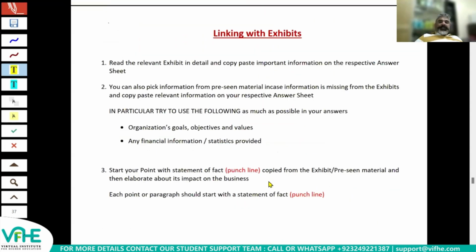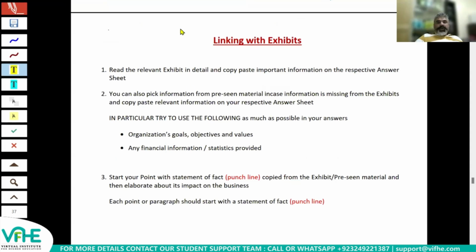The second important thing is linking with the exhibit. So all your answers have to be linked with the exhibit, right? So how do we link it? It's very simple. Every point should start with a statement of fact, a sentence which you copy paste from the exhibit, and then you elaborate on it.